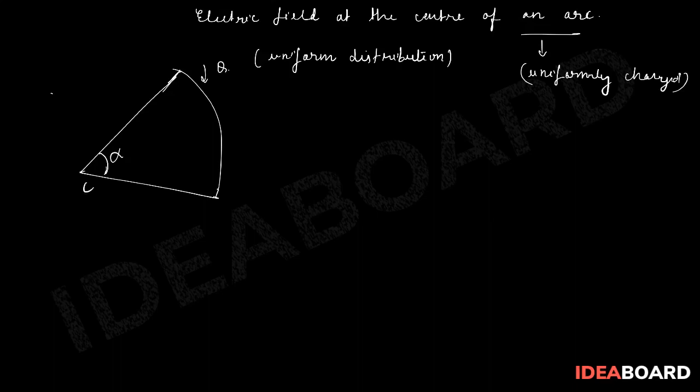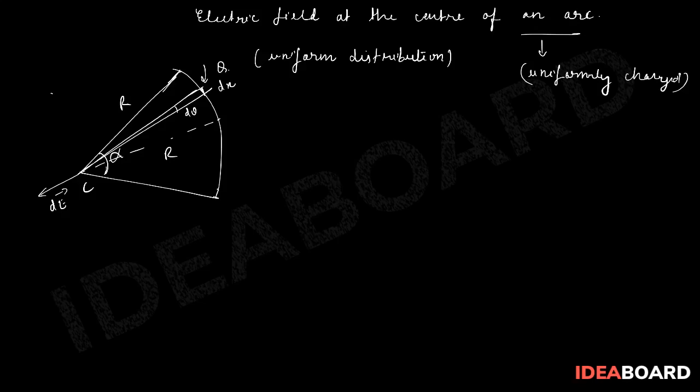So what you need to do, let us take, this is R, radius of the arc. Suppose that I took one element which has dx length and which subtends a d theta angle. Due to this element, electric field dE will be in this direction, right?